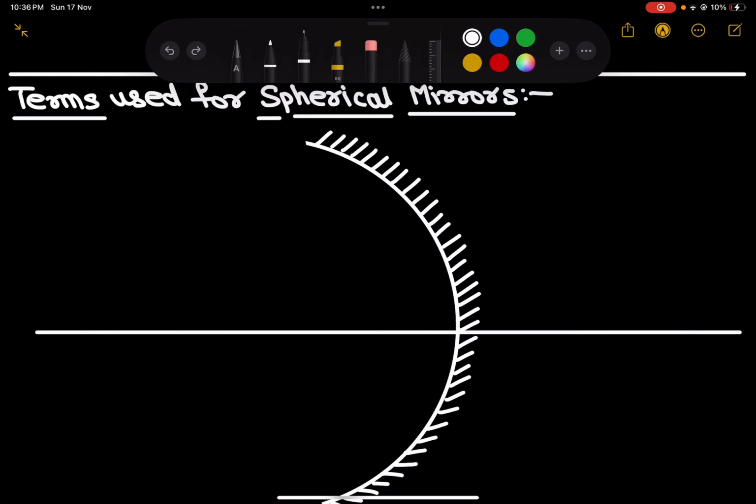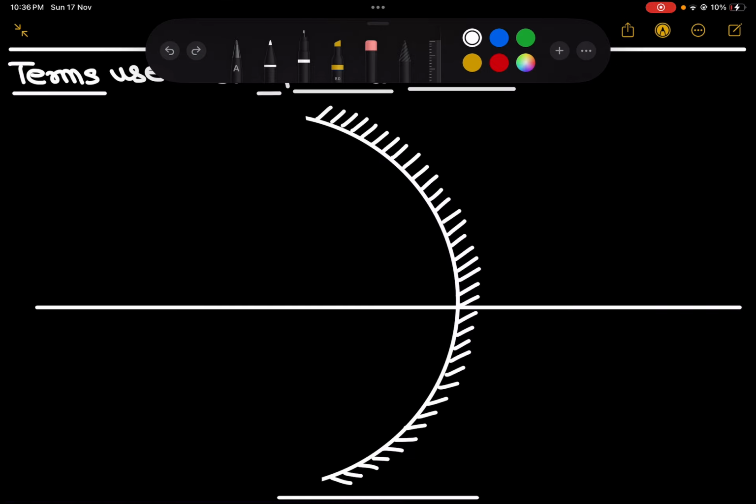Okay, so here I have taken a concave mirror. The same terms will be used for a convex mirror, but usually a concave mirror is used to depict the terms. So I have also taken a concave mirror. Now this concave mirror has been derived from a sphere, right, as I showed you above. So now that sphere, it has a center. For example, let the center be here.